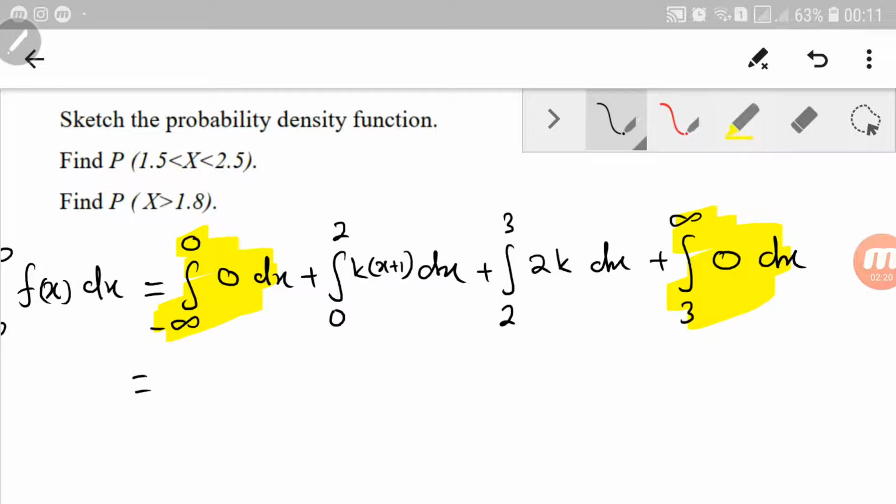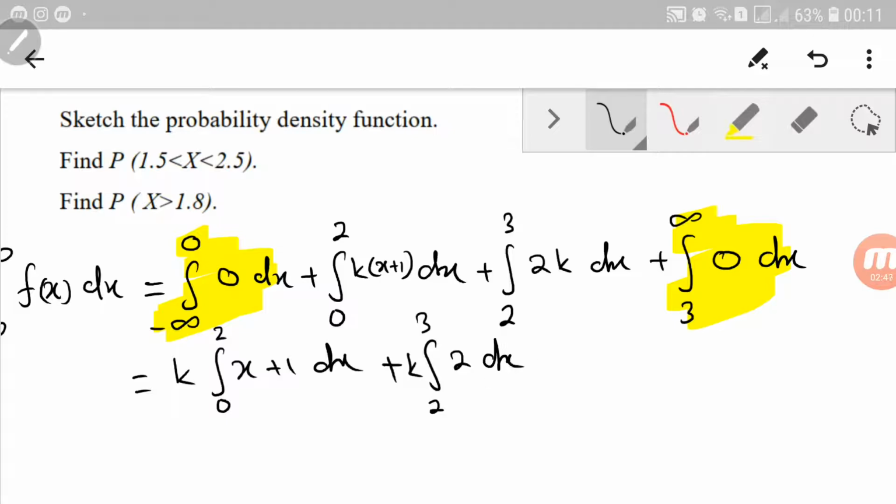We can just leave them be. So we see k's all over inside the integration. We can take it out because clearly from the question it says k is constant. So put k outside: k integral from 0 to 2 of (x plus 1) dx, plus k integral from 2 to 3 of 2 dx.